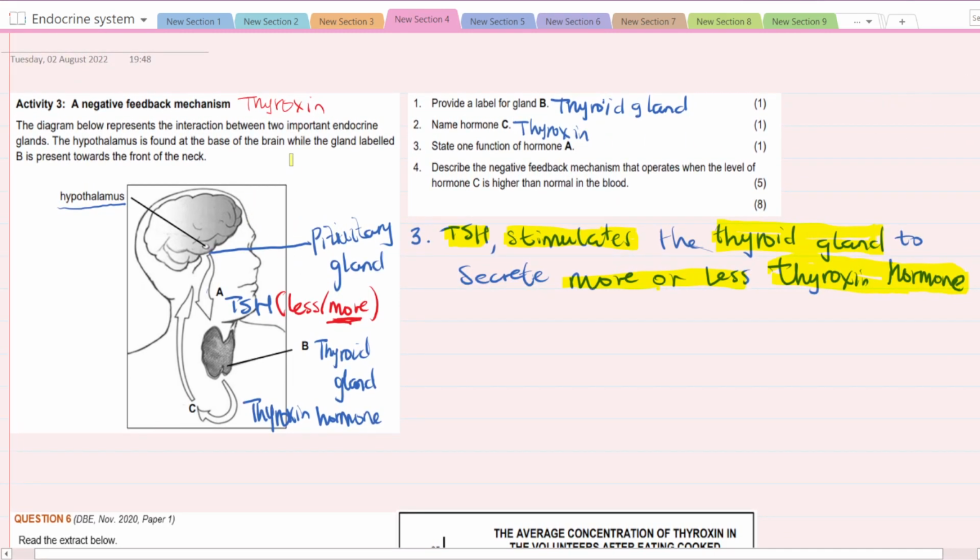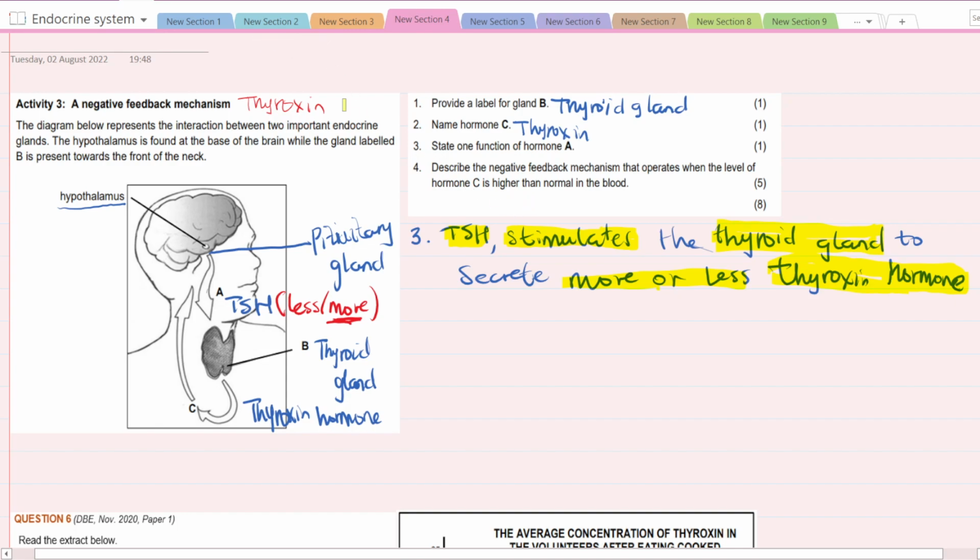Then let's go to number 4. They say now describe the negative feedback mechanism that operates when the level of hormone C is higher than normal in the blood. So higher than normal, what does that mean? It means it is too much in the blood, and it has to be decreased back to normal.